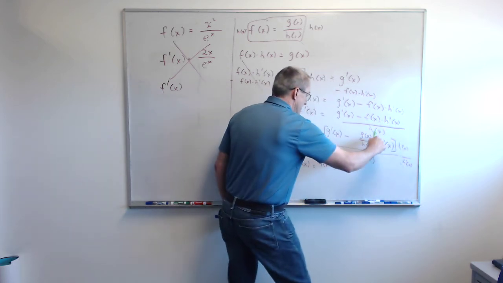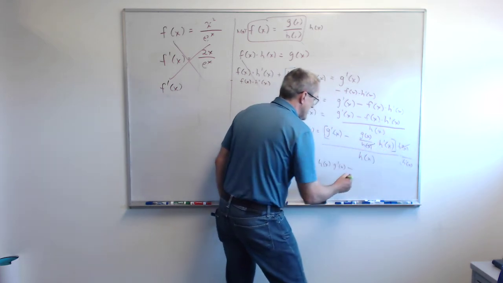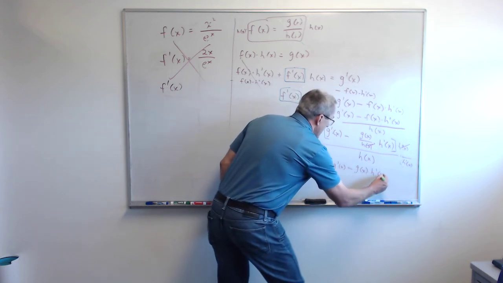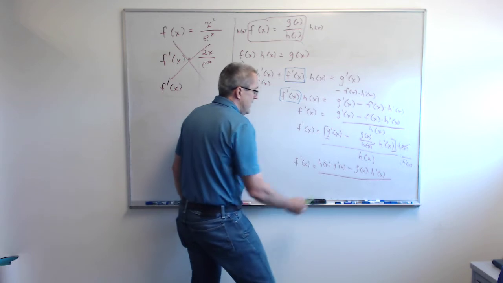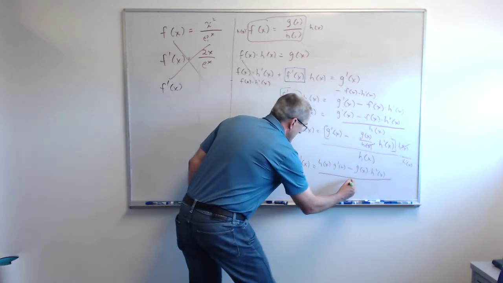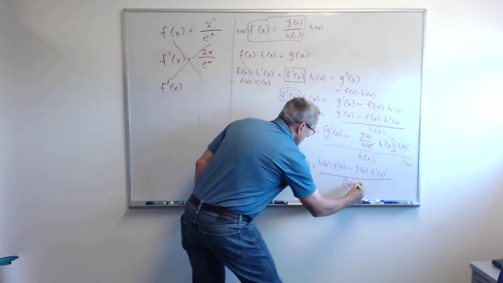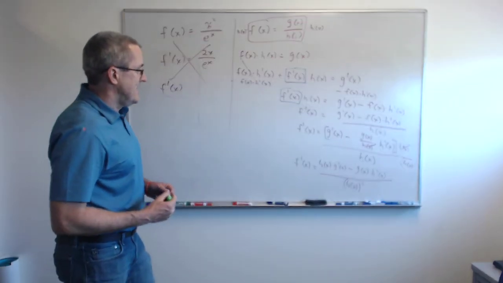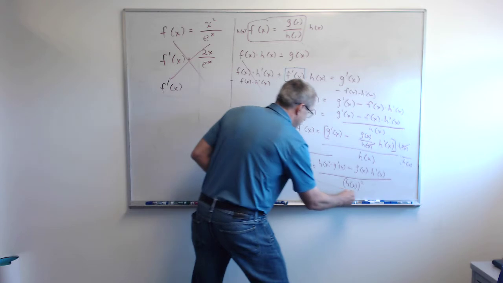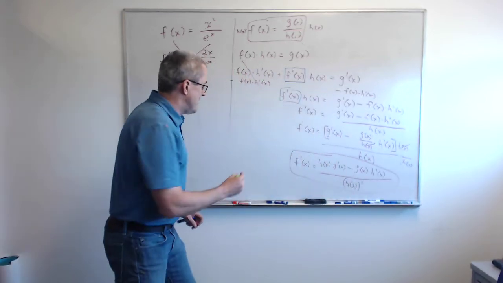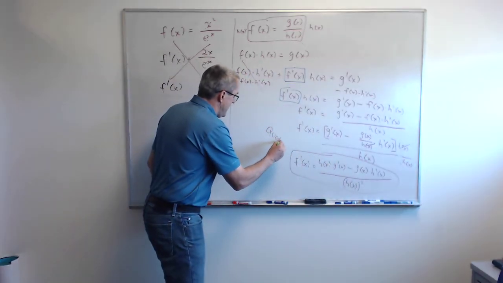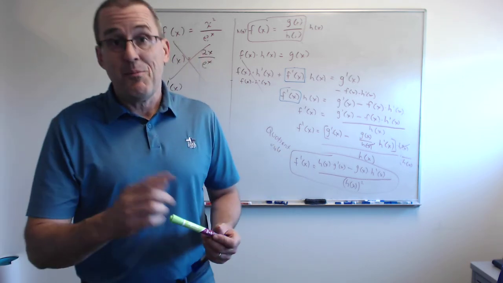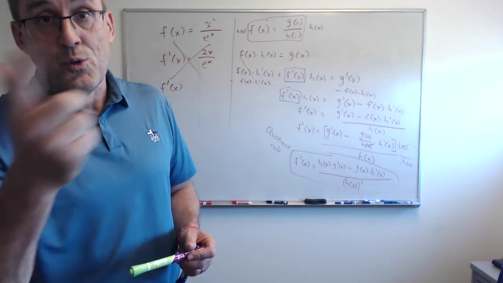Now when I distribute it in here, the h of x's will cancel out, and I'll just have h of x times h of x is h of x squared. And this is what we call the quotient rule.